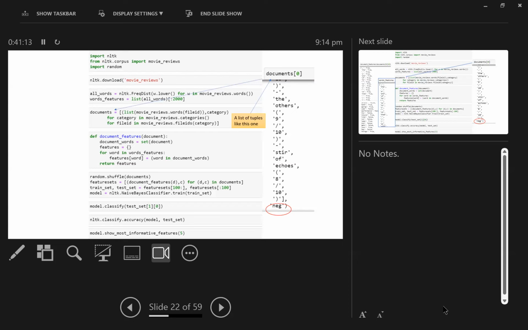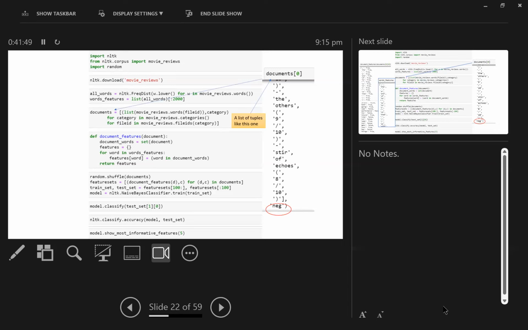After that, we have a function called document features. Later I will explain it. This document features is basically the first 2,000 words that I mentioned. For each of them, it will set the word to true if the document has that word, and set the feature to false if that word is not in the document.